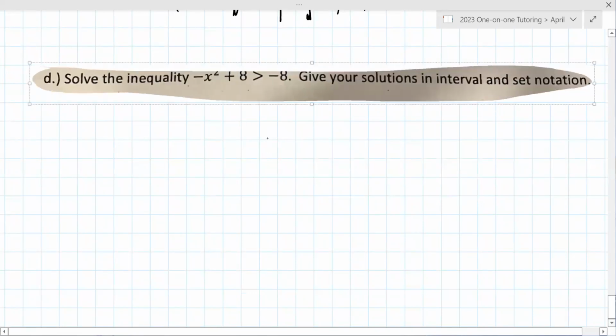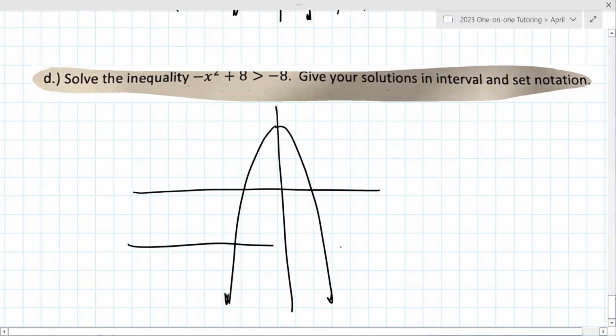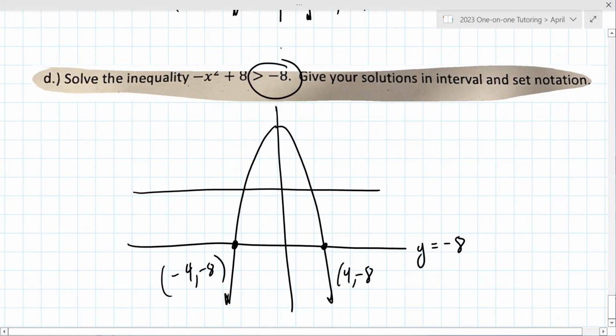All right, so again, where is the graph? So here we go. There's the graph, there's the graph. There's y equals -8. This is -4, -8, and this one's 4, -8. We want to know where it's greater than -8.